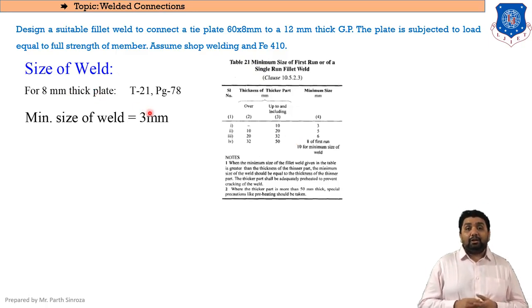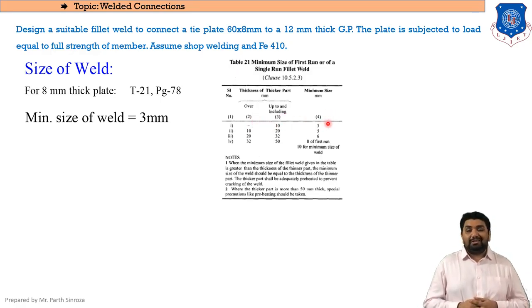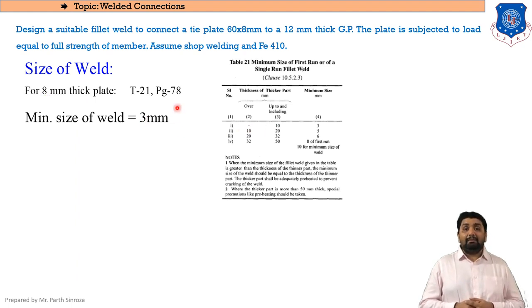Here you can see in columns 2 and 3, the lower and upper dimensions are given. For example, in the first case you can see dash and 10. That means if the thickness of plate is 0 to 10, we will always use the minimum size as 3 mm. Clear? As our thickness of plate here is 8 mm, which falls in the range 0 to 10, we will keep the minimum size as 3 mm.